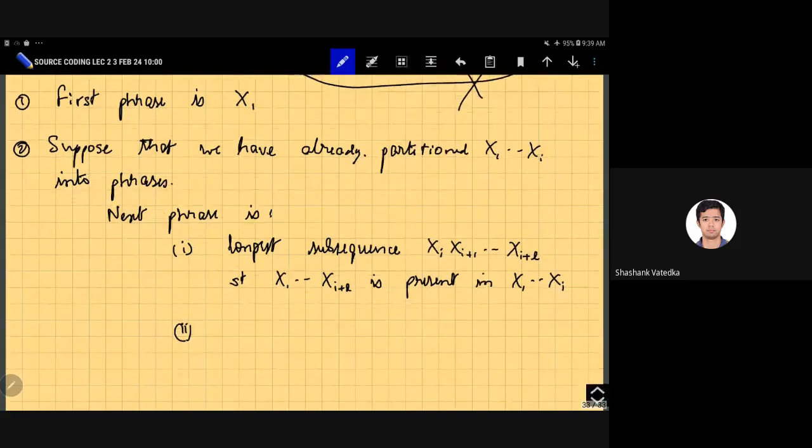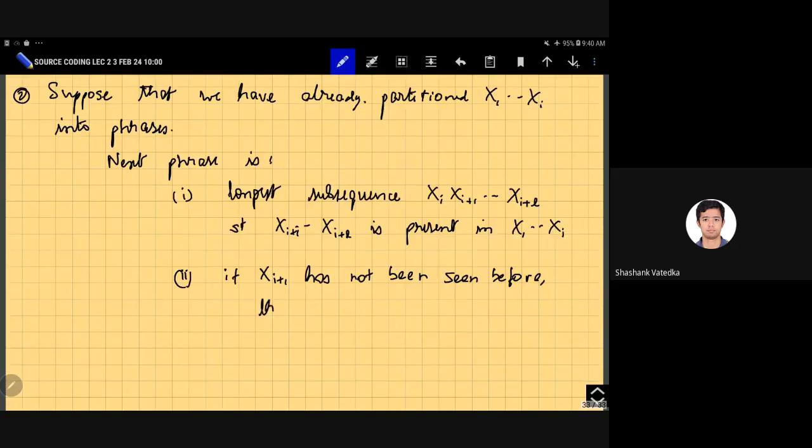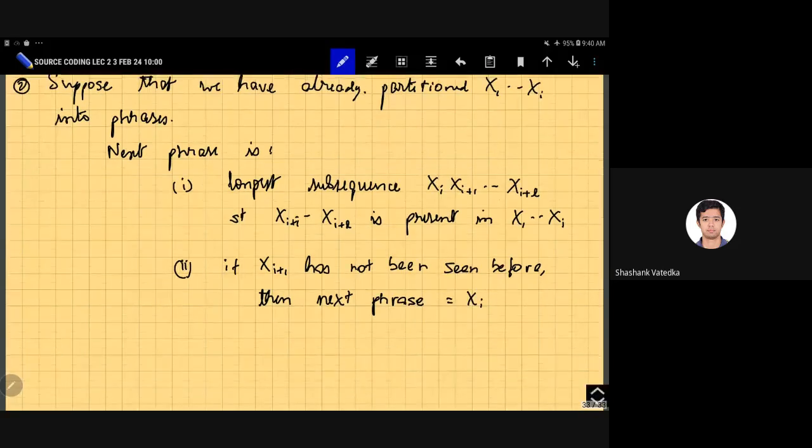If xi+1 is a new symbol which has not been observed, then the next phrase is xi+1 itself.